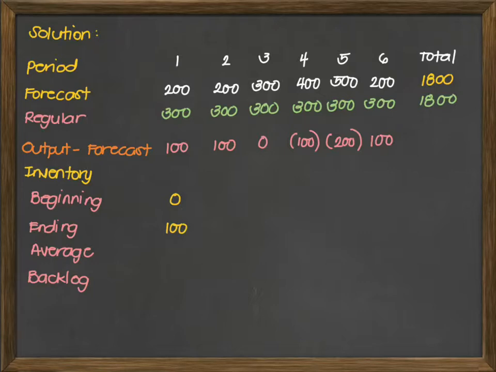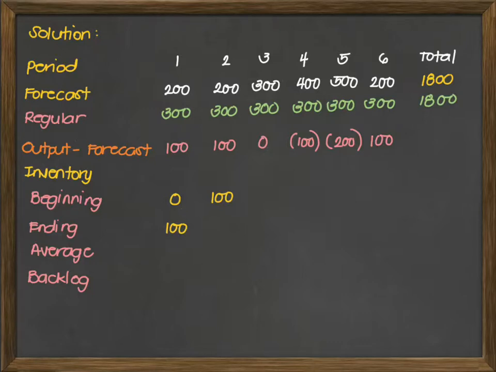Now, sa period 2, kung ano yung naging inventory mo on the previous period, maki-carry over siya sa next period. So, since yung ending inventory natin for period 1 is 100, sa ating period 2, magkakaroon din tayo ng 100 na beginning inventory. Now, ang sabi, kay period 2, we also have a positive difference between the forecast and your output.